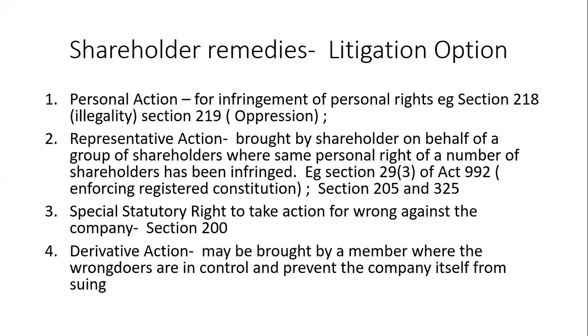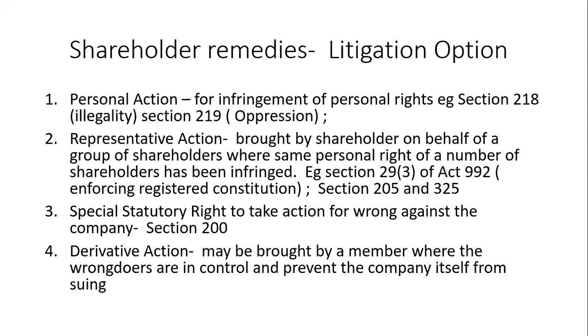Yeah, so please, if you look at section 200, it's about enforcement of directors' duties. So if you look at directors' duties, for example, one will argue that if directors default, it is the company which has actually suffered a wrong.